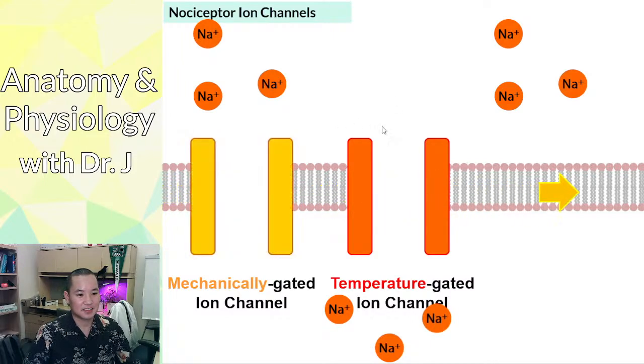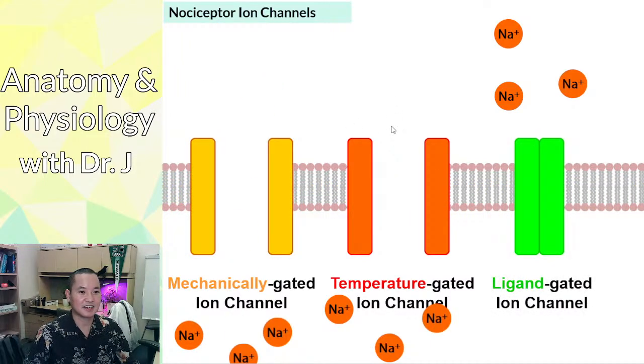And then you also have ligand-gated ion channels. So you can have chemical things like pepper spray. That's a chemical, that's capsaicin. And what it's going to do is bind to these nociceptor ion channels, these ligand-gated ion channels, and it's going to depolarize these neurons.